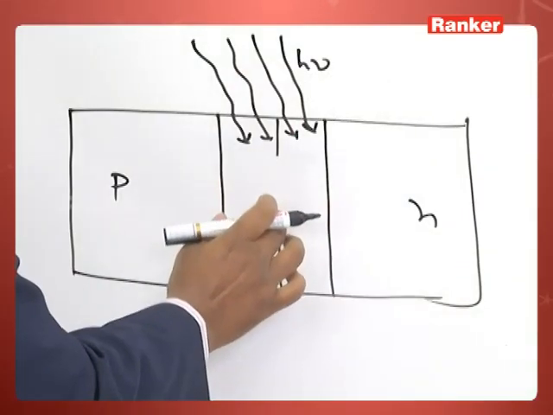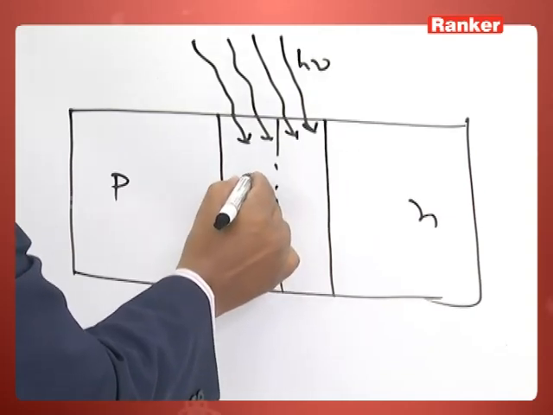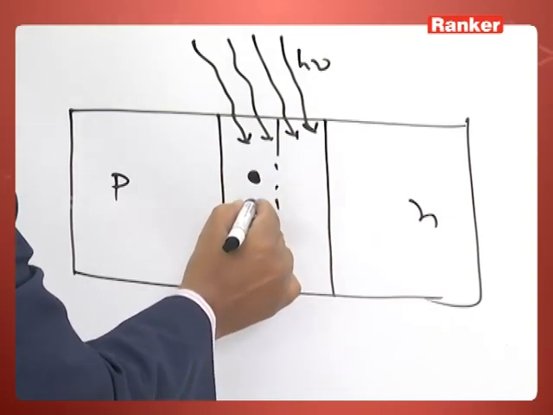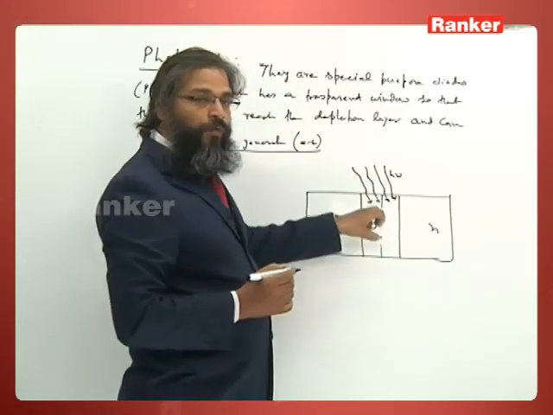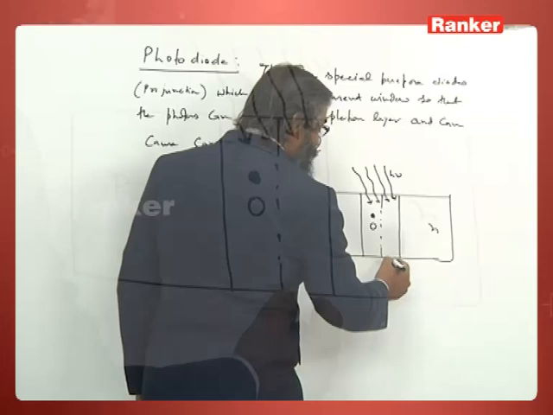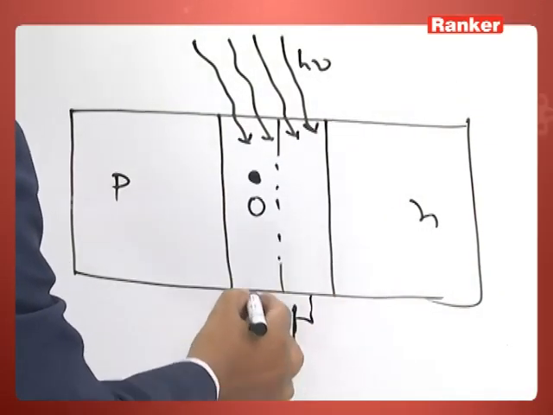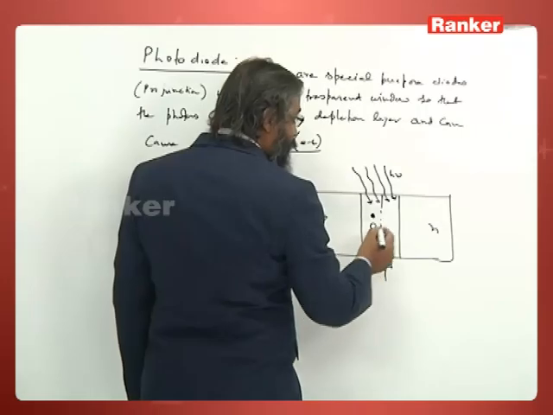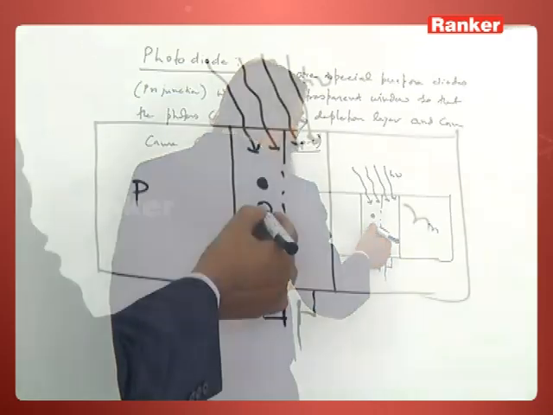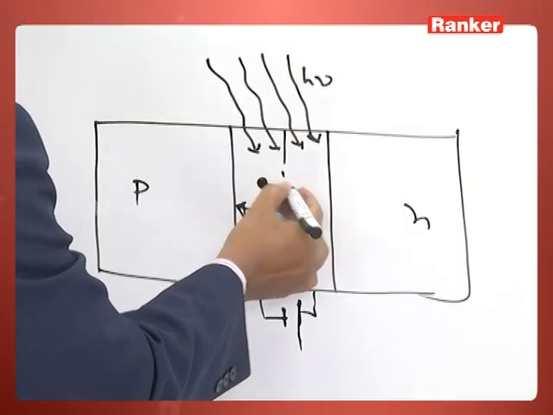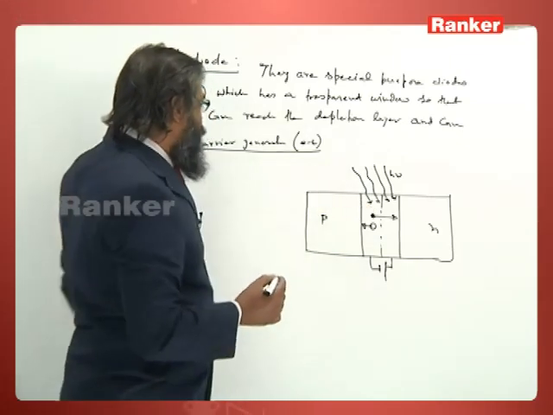Suppose this is the electron and this is a hole pair created by absorbing the photon light. There is a potential barrier, you see here high voltage and low potential. So, the electric field is in this direction. In this direction the hole will move here and the electron will move there.